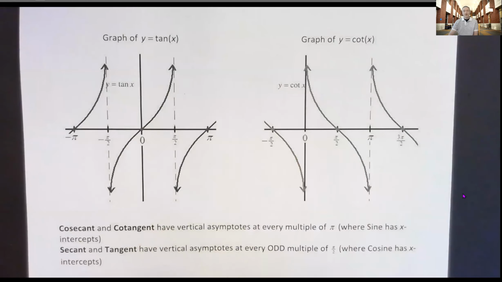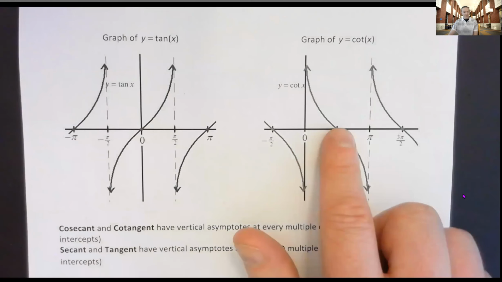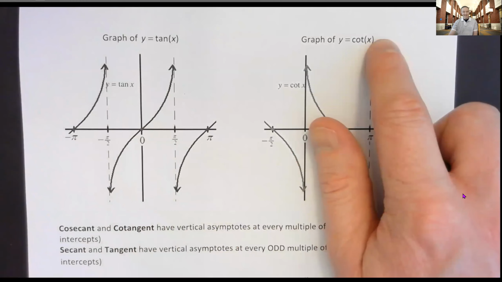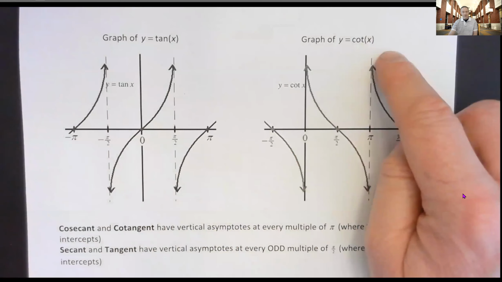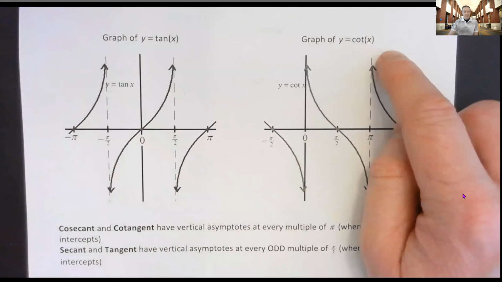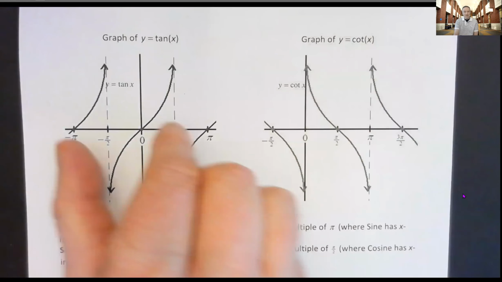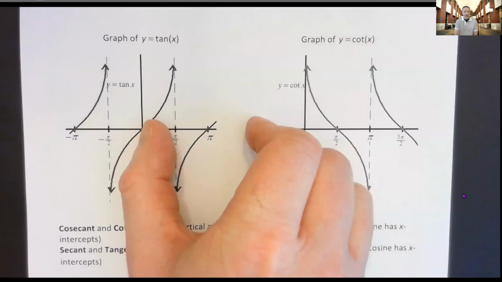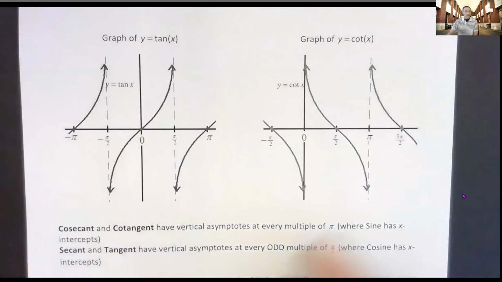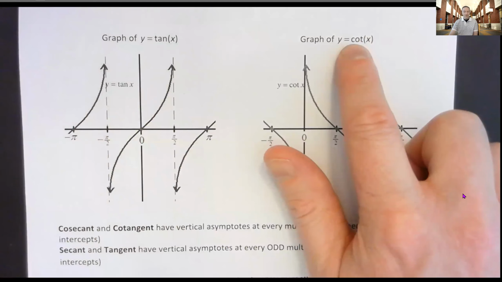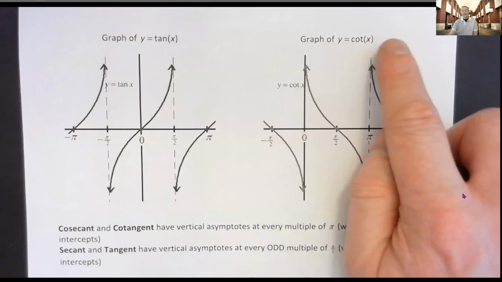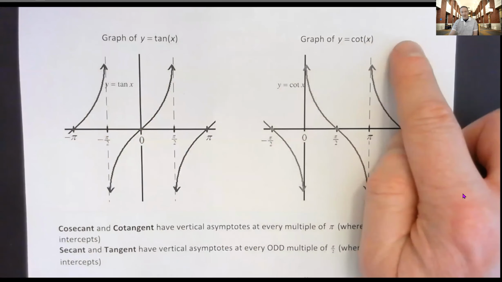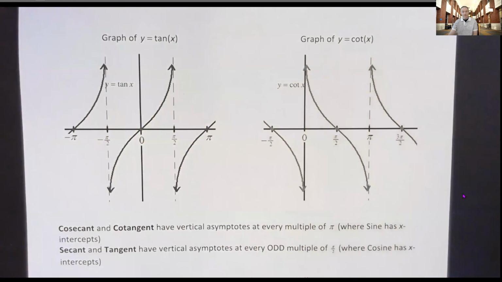It's not just the negative of the tangent, because your denominator is the sine of x. It's cosine x over sine of x, which means it has completely different vertical asymptotes. It's being horizontally shifted pi over 2 radians to the right and then reflected. So you could think of the cotangent of x as equal to the negative of the tangent of x minus pi over 2 radians.